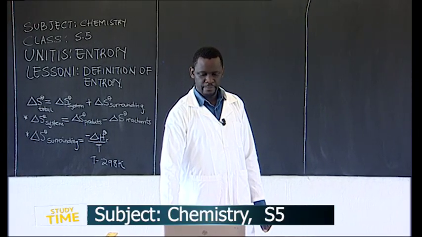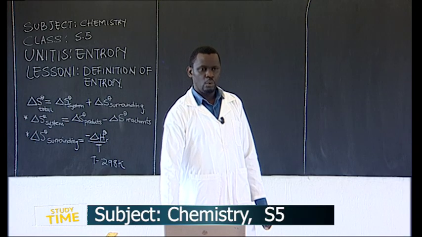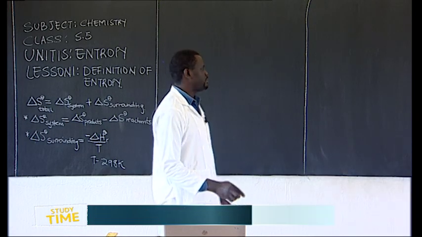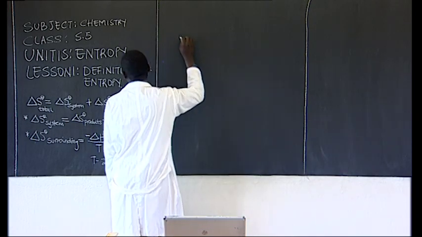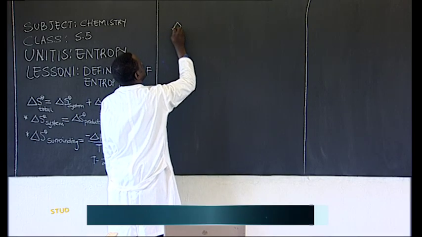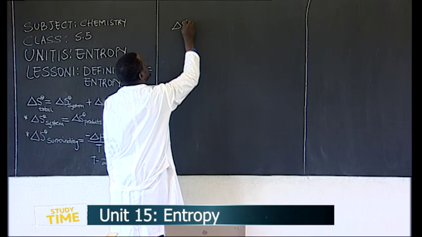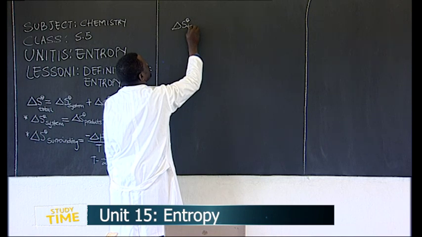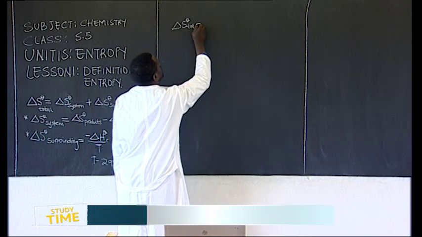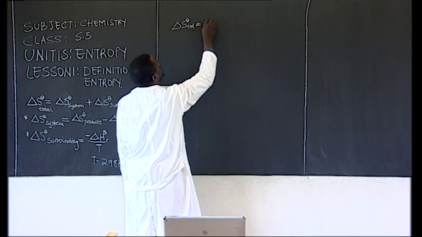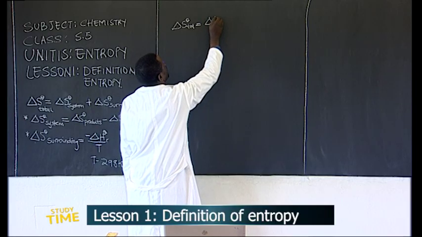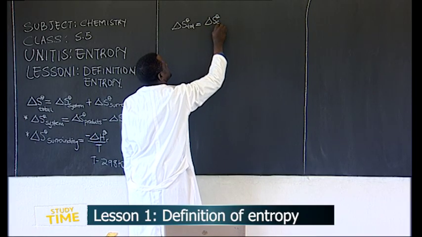So from there, we can substitute in, and we have our change in entropy. I'm going to use this word to mean total, which will equal the change in entropy for system.